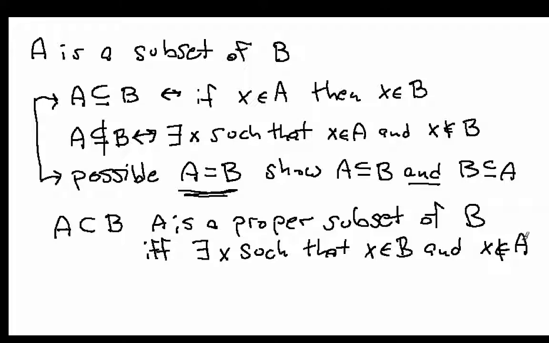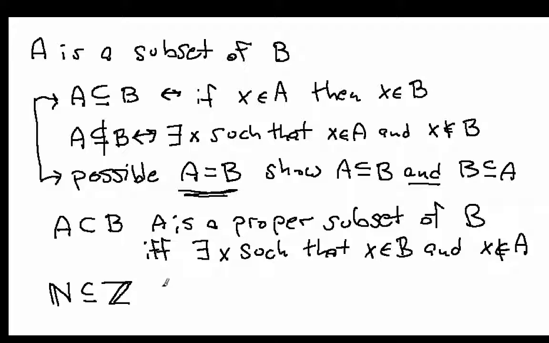Okay, let's consider a couple of things that we already know. We know that the natural numbers are a subset of the integers. Okay, but we know that there are integers that are not natural numbers.